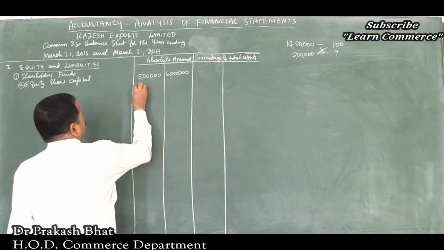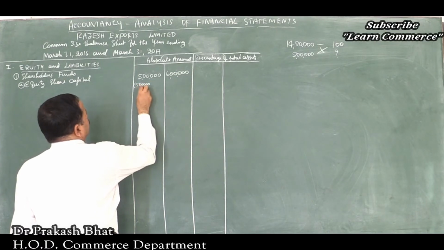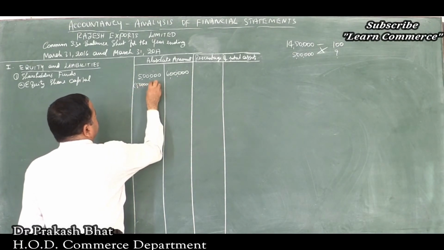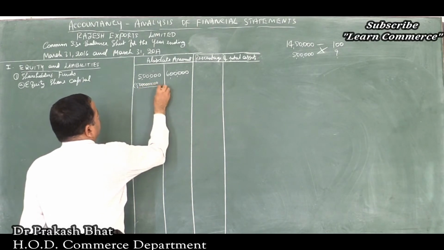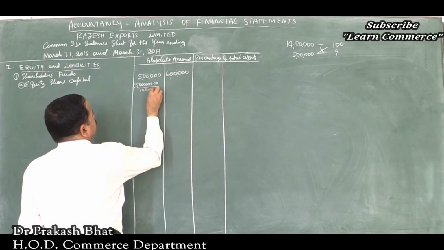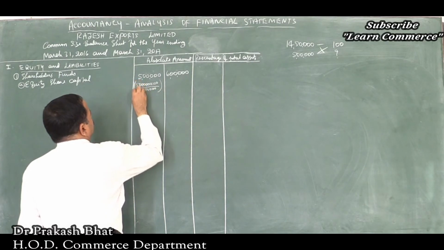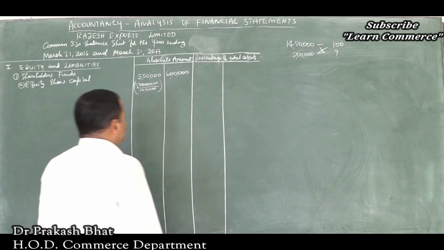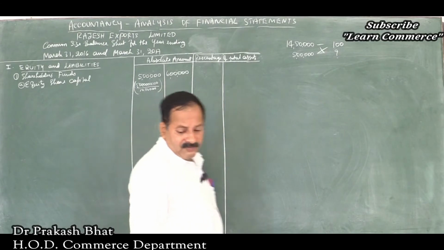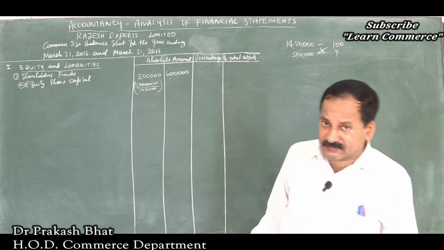So here, what we have to do is 5 lakh into 100 divided by 14 lakh 50,000. This is how we will calculate. Here also, same thing. Second year, this current year total is 15 lakh 75,000.